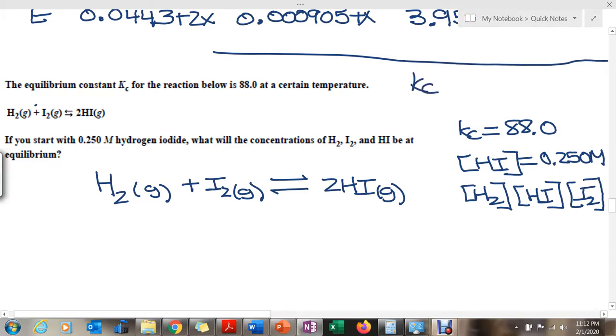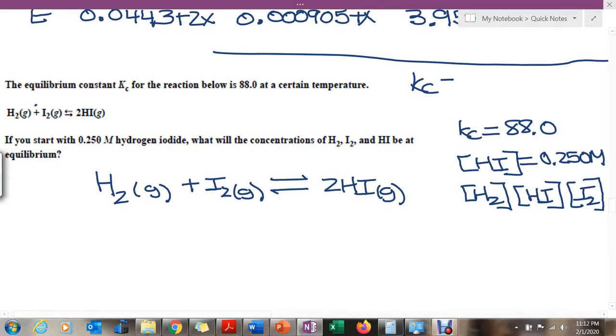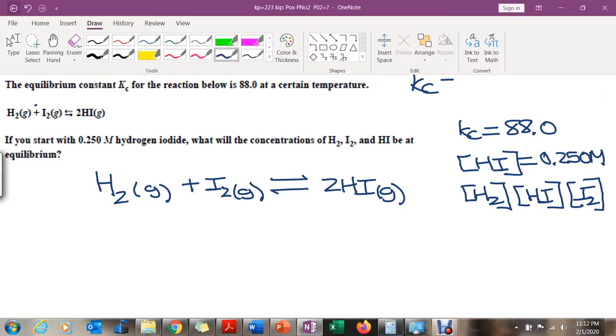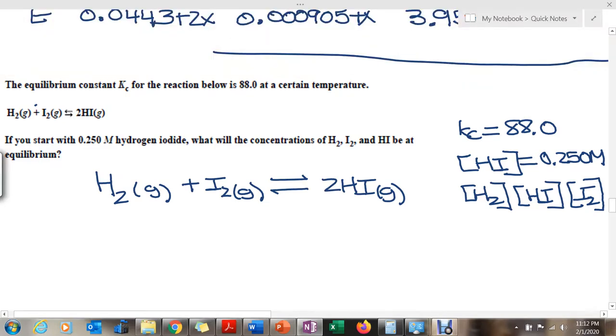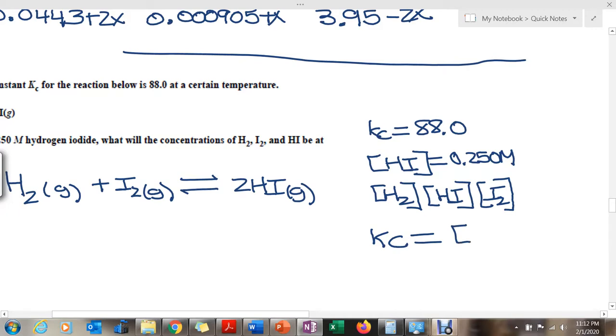Kc for this equilibrium would be equal to the product HI, always the right side, squared, divided by H2 multiplied by I2.